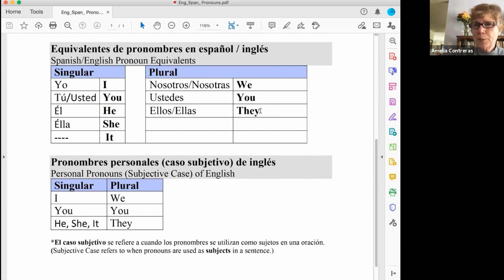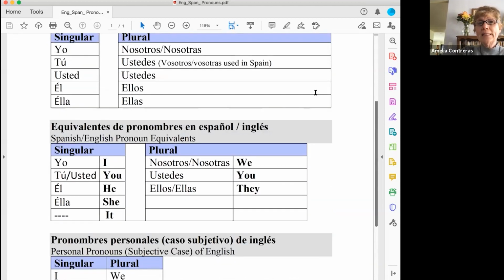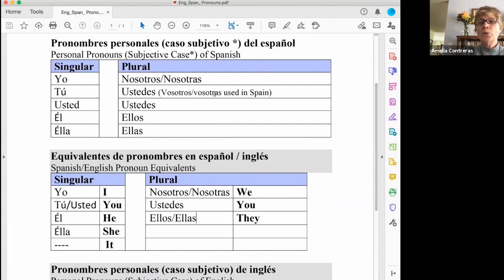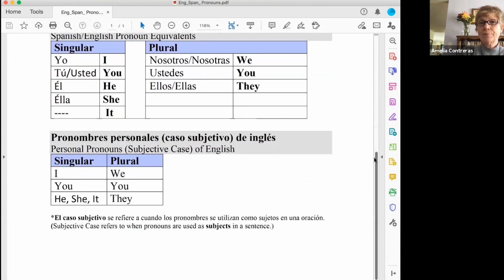Oddly, in English, we have the same word you for both plural and for singular. And of course, in Spanish, you would use the word ustedes for plural. Now, in Spain, they use the word for the plural of the informal you, vosotros, vosotras, but Latin America does not use that.